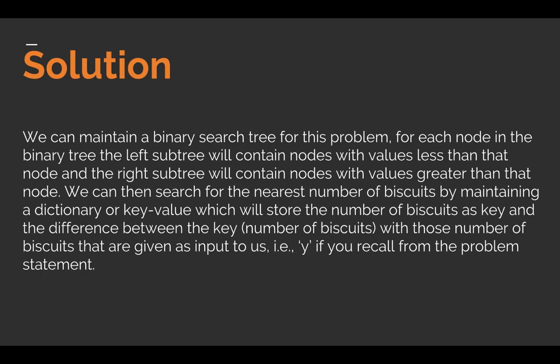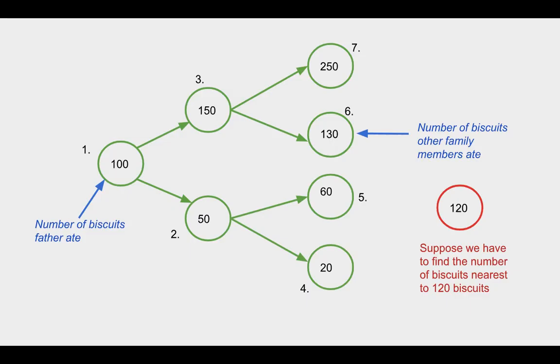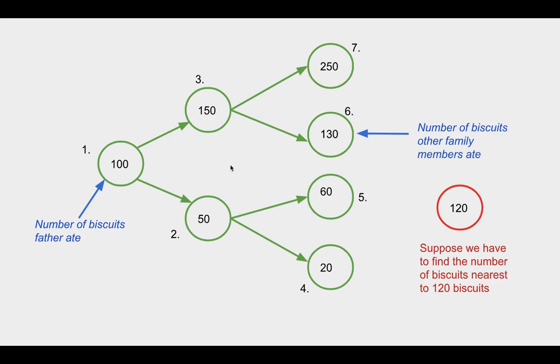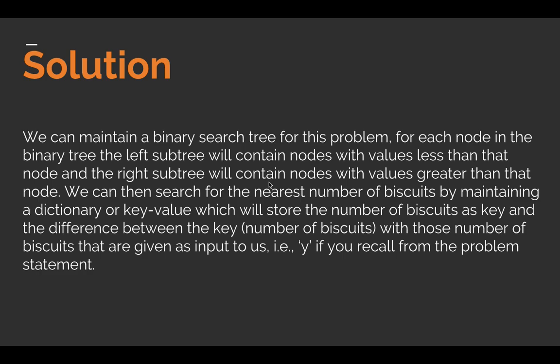This is the same case that we can use for this problem. As you can see, if this is the root, then all the values in the left subtree are less than this, and all the values in the right subtree are greater than this 100. So this can be used for this.